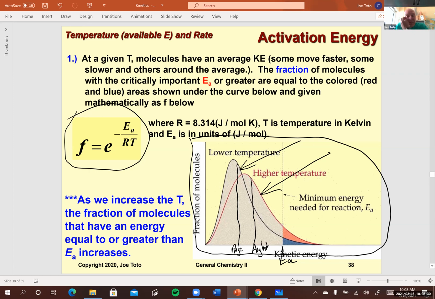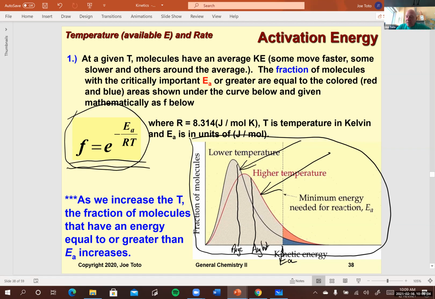So in other words, there's a higher fraction of molecules that have that critical, that important energy at higher temperatures than at lower ones. So this is a great mathematical formula that Arrhenius can use to describe how temperature and activation barrier affect the fraction of molecules that are at that temperature and have that energy or greater.